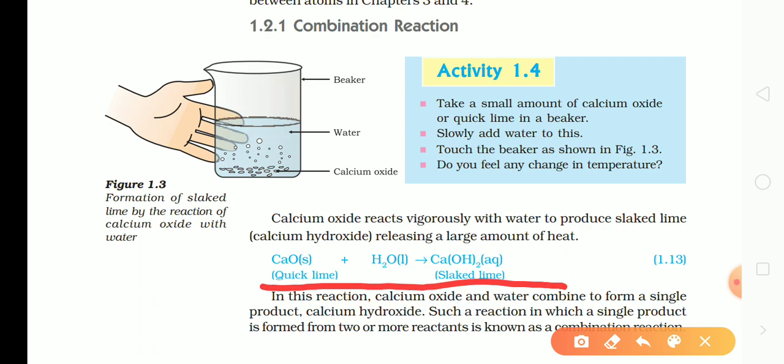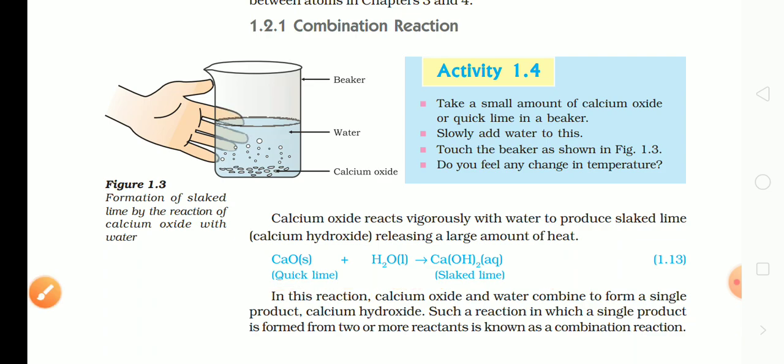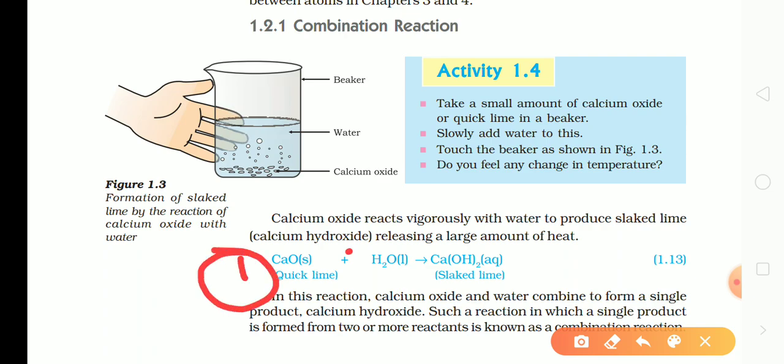Yes, it is slaking of lime. In that particular chemical reaction, on the reactant side you can see two things, water and calcium oxide, and on the product side you can see only one substance, that is slaked lime or calcium hydroxide.